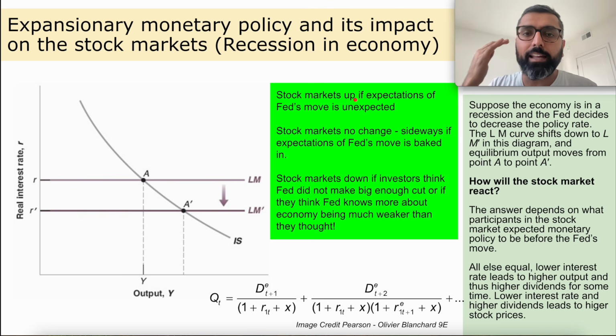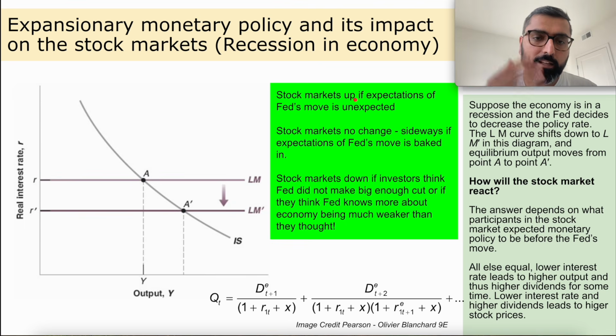If it is highly unexpected in a positive way, meaning they cut much more than what the market expected, the stock markets will go up. Why would they go up? Because the R rate that they thought is much higher, and the cut makes it a much lower value. So all of a sudden, when there is a lower interest rate, there will be a higher price associated with it because activity would go up.